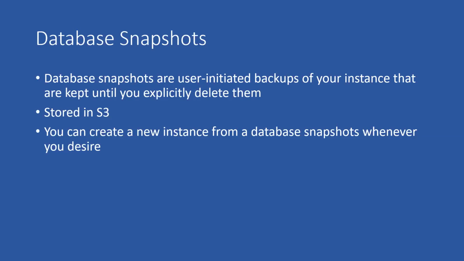Using the automated backups, you'll only get up to 35 days. So you can take these snapshots based on your needs at your will, and those are called snapshots. It's the complete database snapshot as of that particular date. They're stored in S3, and you can create a brand new instance from a database snapshot whenever you desire.